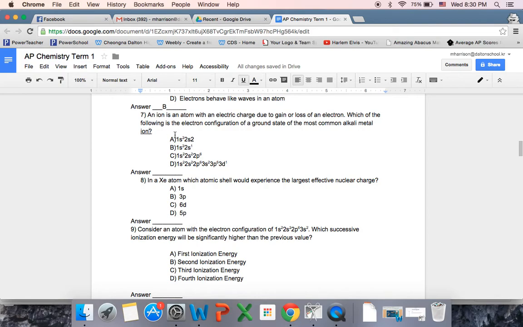Now, for it to be an alkali metal, it means it's in group 1 of the periodic table, which means that in its natural state it should have one electron in the s layer. However, we're looking for the ion, so it won't have anything in that s layer. So the correct answer here is C.